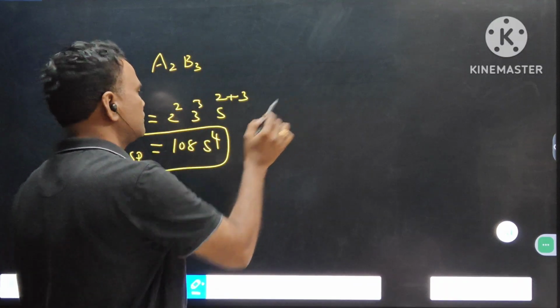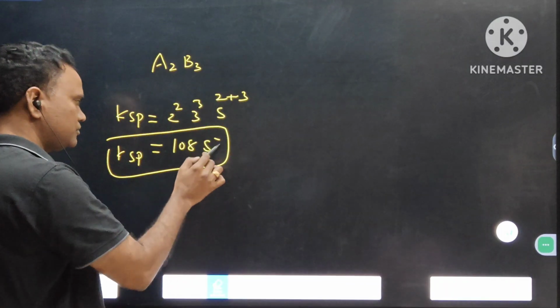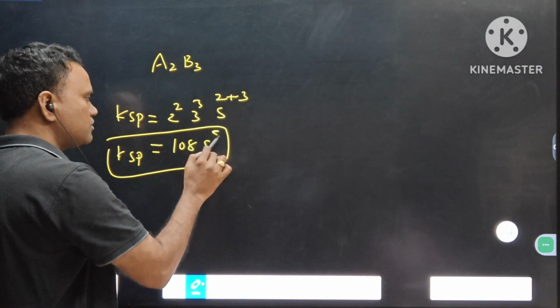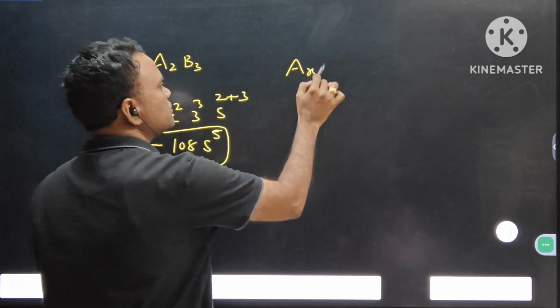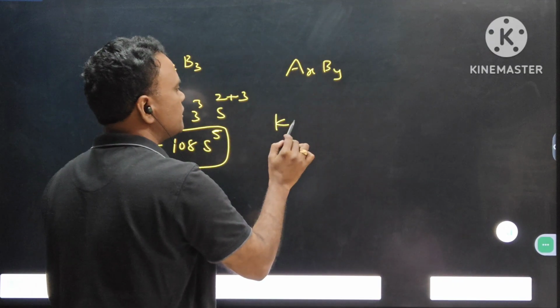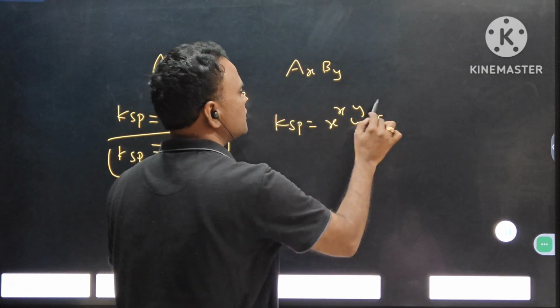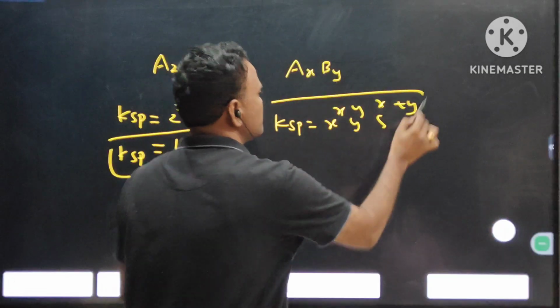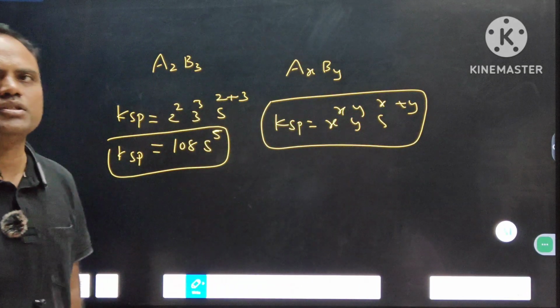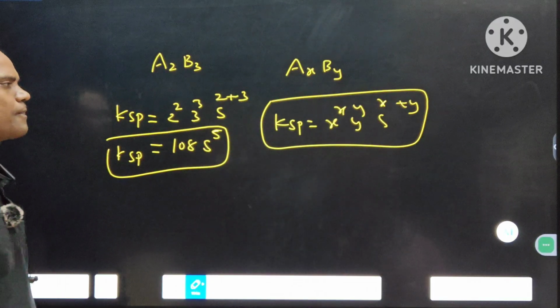And the generalization: for AxBy, write directly, Ksp is equal to x power x, y power y, S power x plus y. This is the generalization for any type of salt.